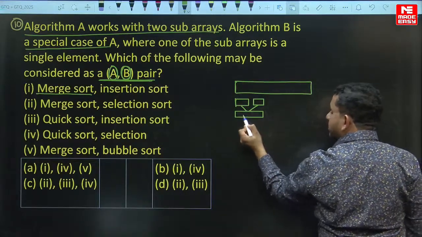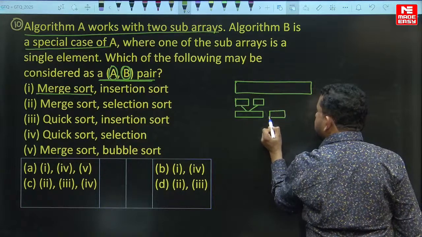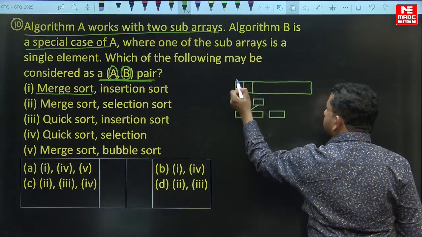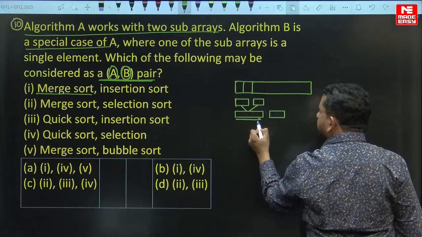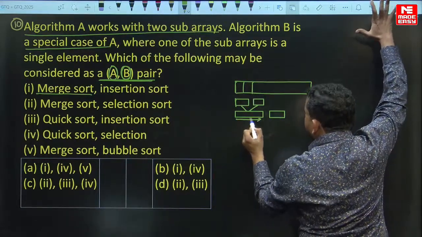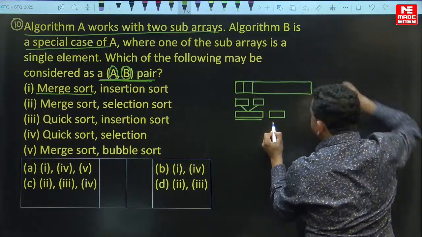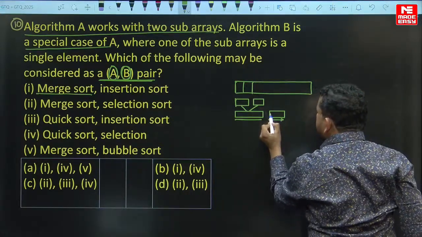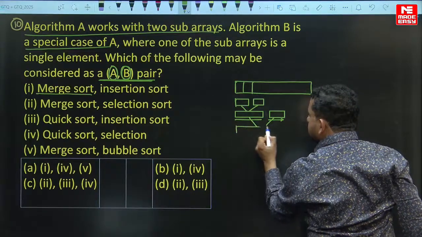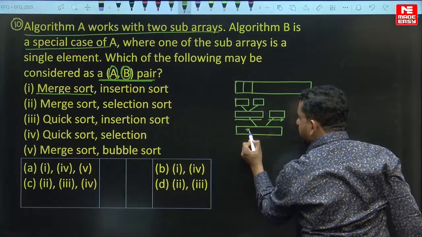Then 2 elements in one subproblem and 1 element in the second subproblem, and these 2 are merged. It becomes a sorted array of 3 elements.